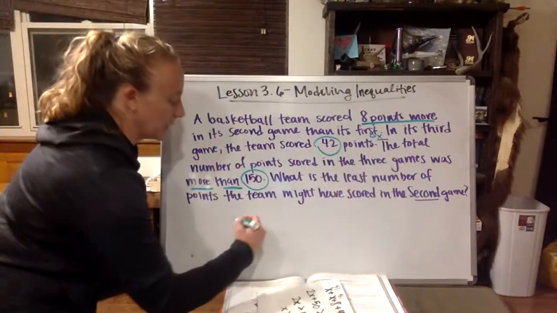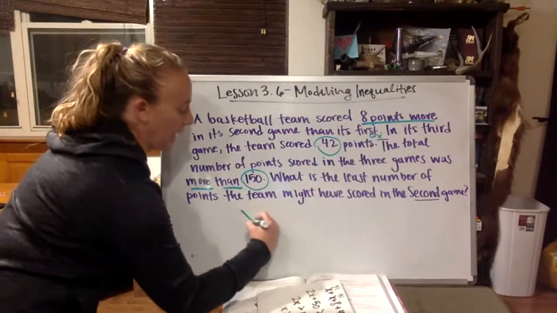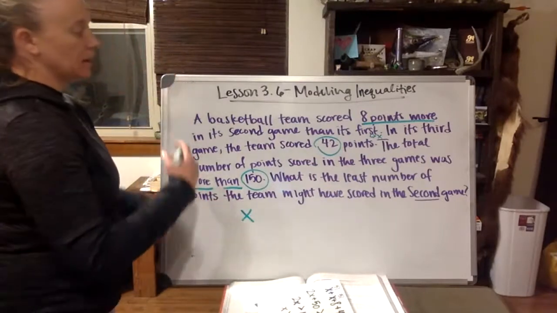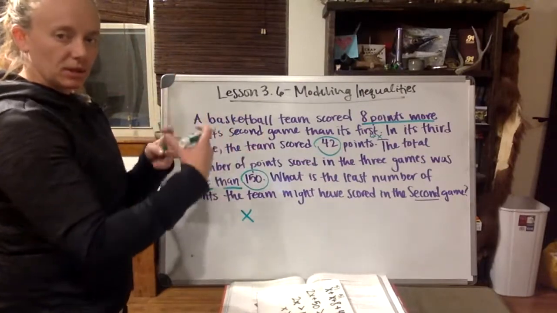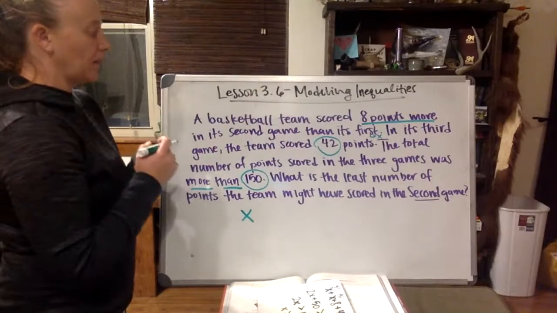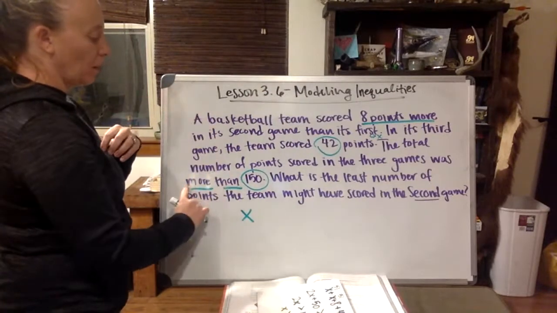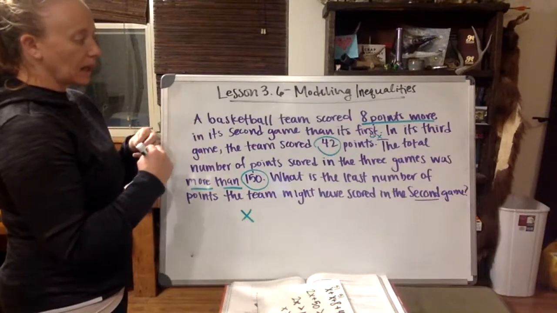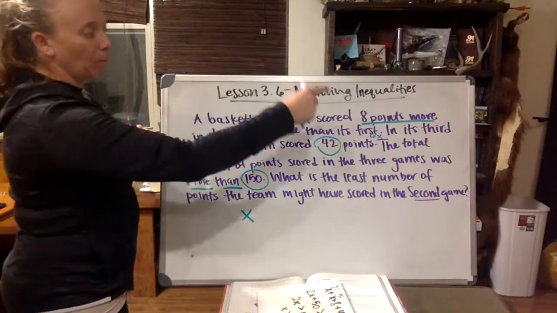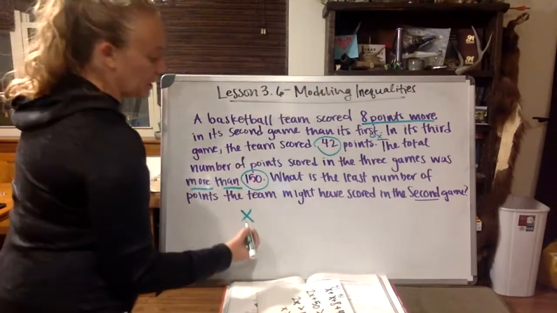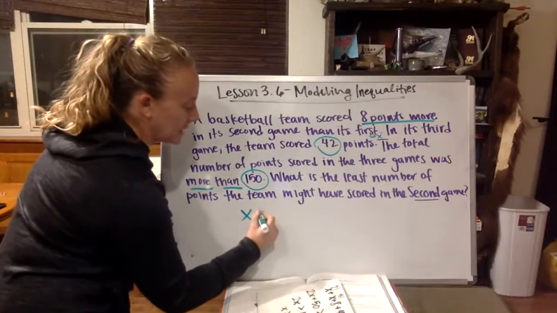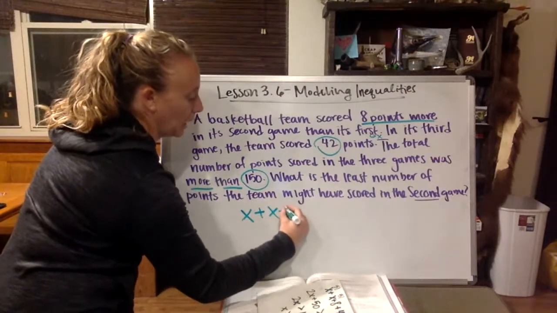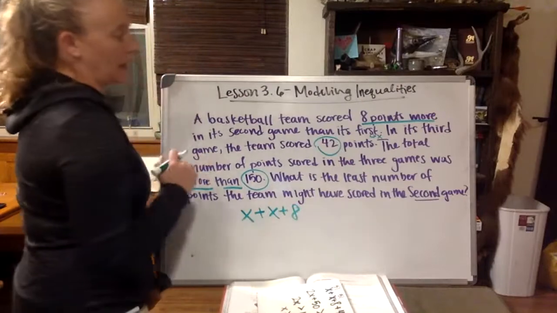So let's start writing this down. We have our first game, x, plus, and it's a total of all 3 of these games, first, second, and third games. We're putting them all together. So we're saying all of those points are more than 150. So our first game is x. Our second game is 8 points more than the first, so my second game is x plus 8.